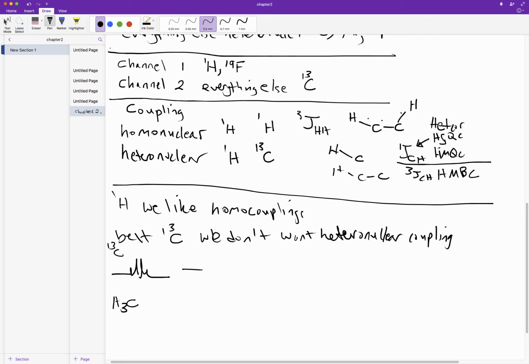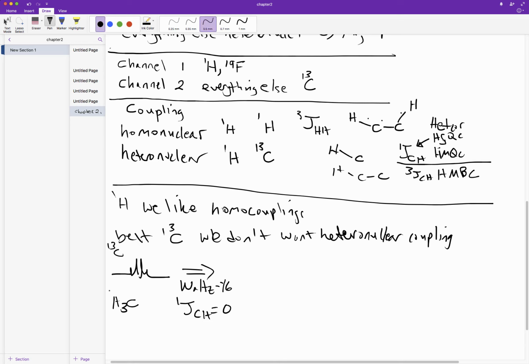So generally we do a decoupling sequence like Waltz 16 to get rid of the J coupling. Effectively, this pulse sequence sets J1CH equal to 0. That's the goal of Waltz 16.